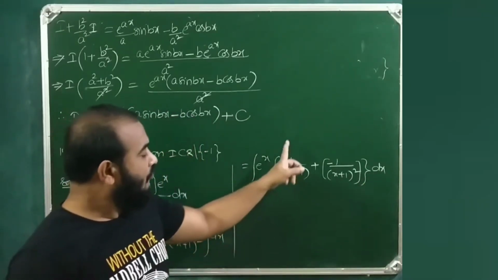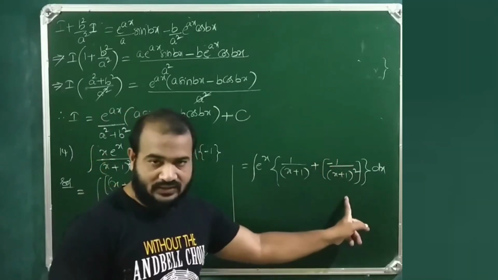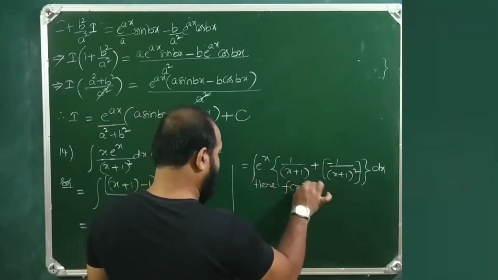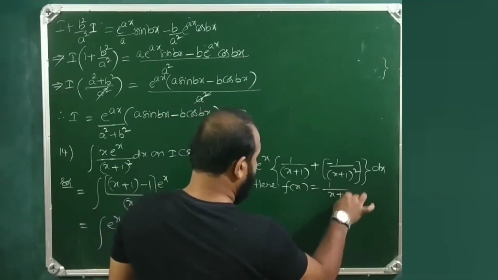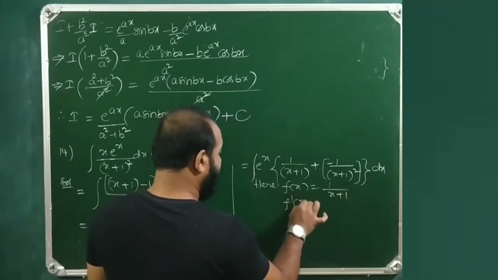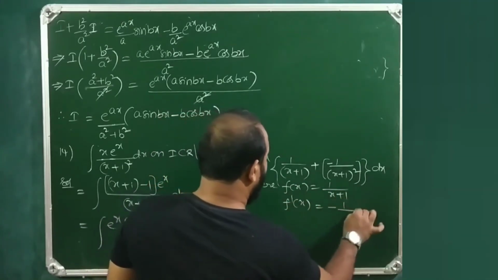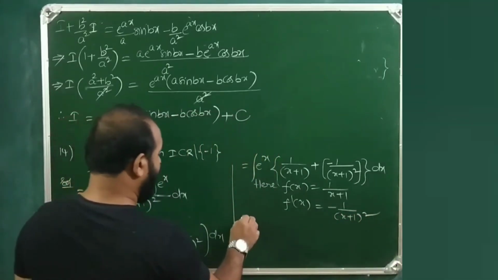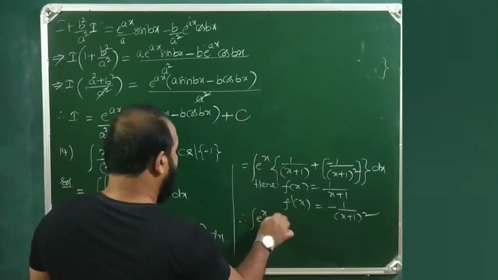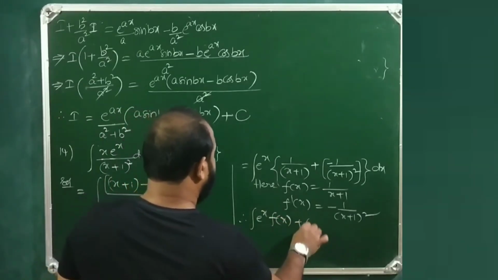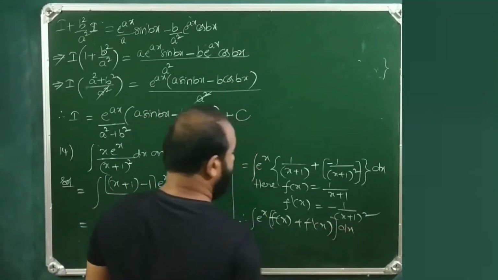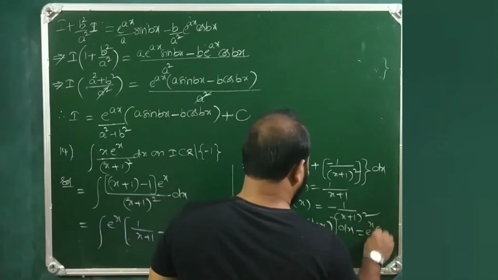So we know 1 by x derivative is minus 1 by x square. So here f of x is equals to 1 by x plus 1, while f dash x is equal to minus 1 by (x plus 1) whole square. So therefore integral e power x into f of x plus f dash x dx is equals to e power x into f of x plus c.